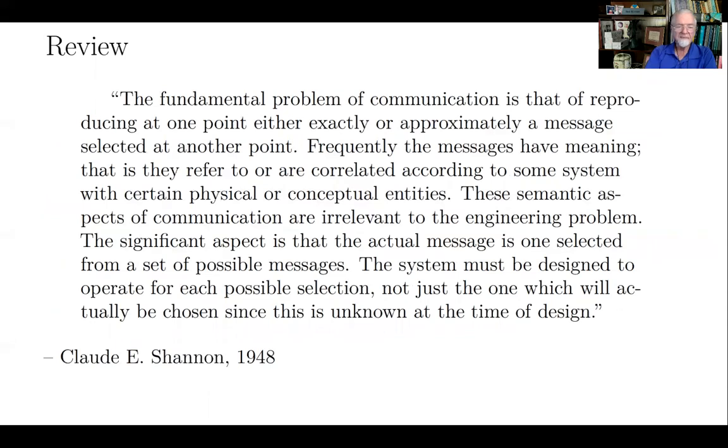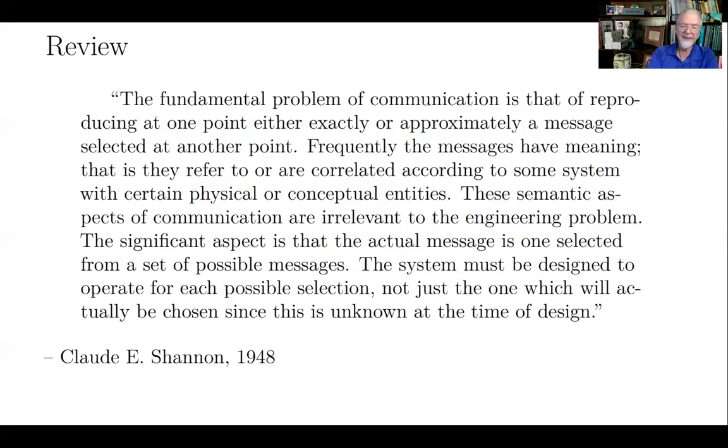And in his 1948 paper, the fundamental problem of communication is that of reproducing at one point either exactly or approximately a message selected at another point. That's what we've been talking about. Frequently, the messages have meaning. That is, they refer to or are correlated, according to some system, with certain physical or conceptual entities.